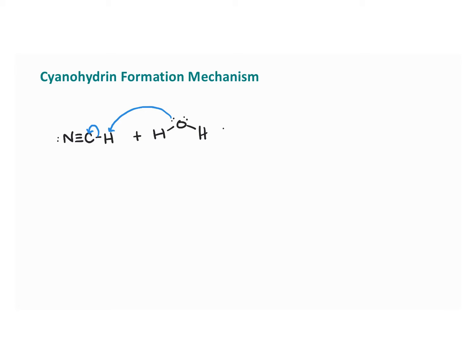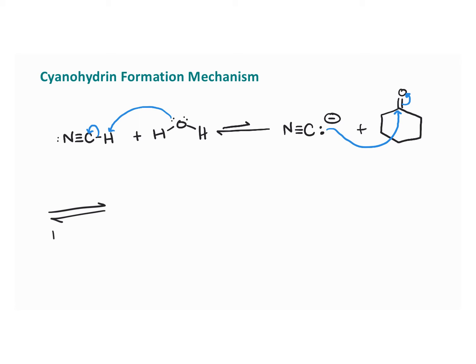Now, this generates our nucleophile here, okay, for our nucleophilic addition reaction. And so if we have a carbonyl carbon, we'll attack there, and those electrons will go there in that first nucleophilic addition step.